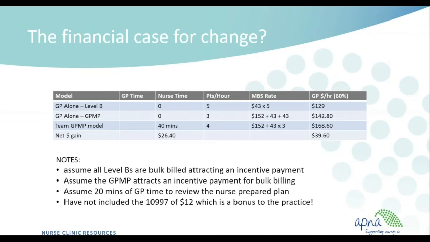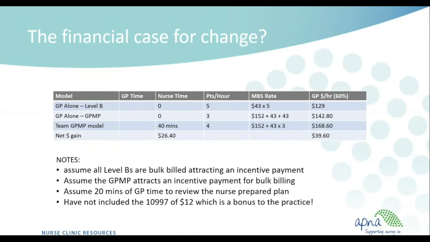So this is just some simple data to give you an example of how you might outline the difference in cost between what you've done and if you allowed a GP to do it. So the data I've pulled together here is about doing chronic disease care planning.